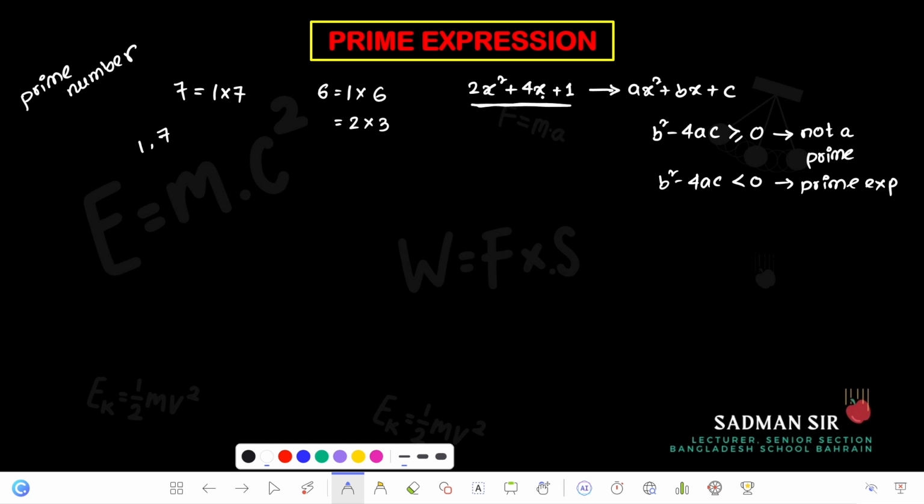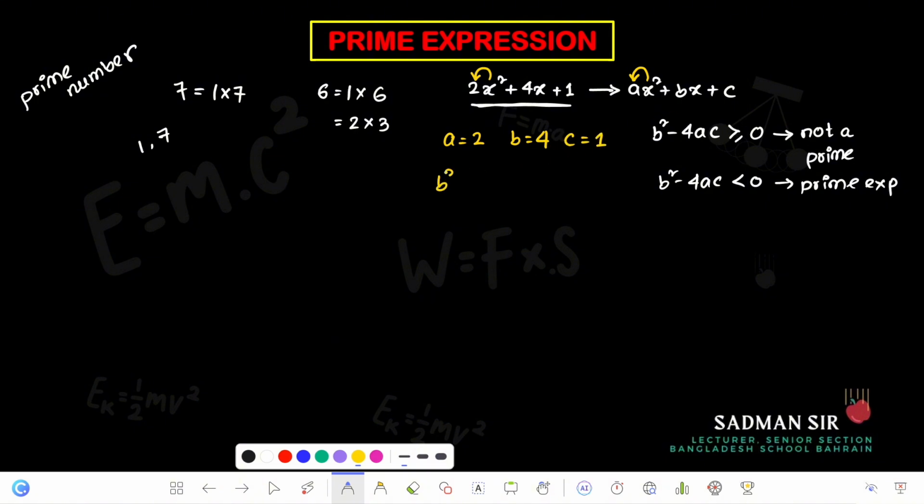Now let us see whether this is a prime expression or not. If I compare 2x squared plus 4x plus 1 with ax squared plus bx plus c, we can write: the coefficient of x squared is 2, so a is equal to 2. b is the coefficient of x, that is 4, so b is 4. And c is equal to 1, the constant term.